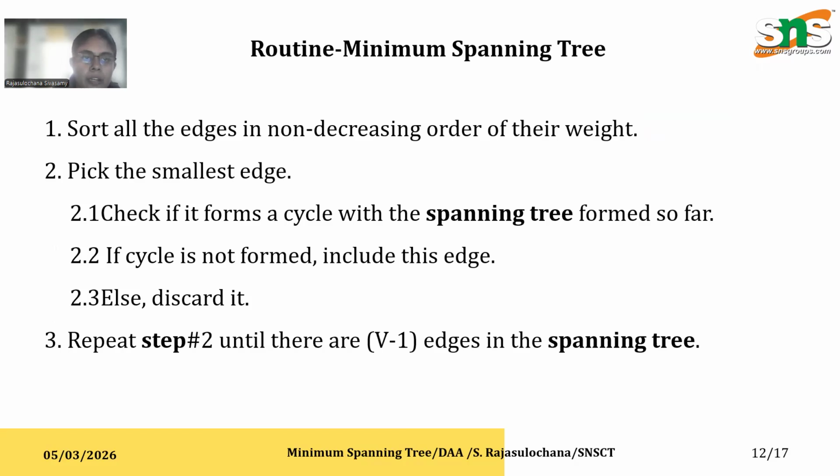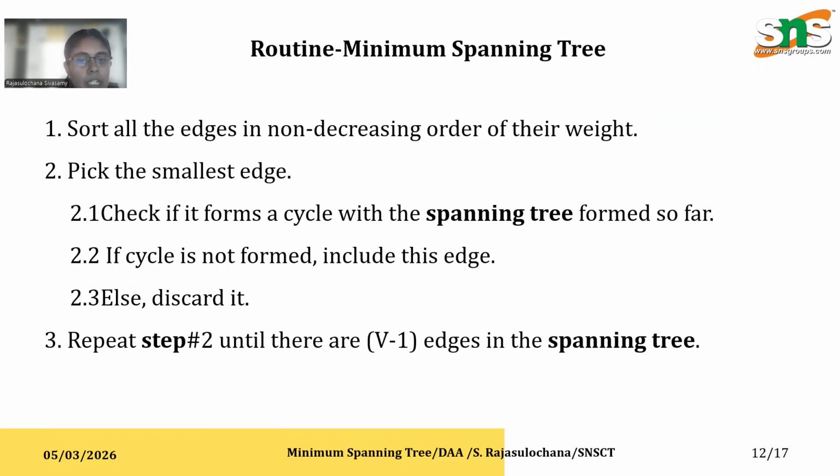Let me give a quick recall of all the steps. You sort all the edges in non-decreasing order of weight. You pick the edge with the smallest cost and check if it forms a cycle with the spanning tree formed so far. If a cycle is not formed, you include the edge. If a cycle is formed, the edge is discarded.